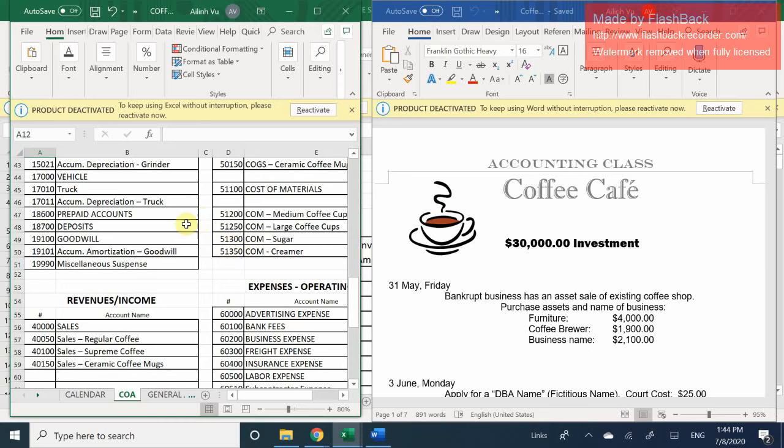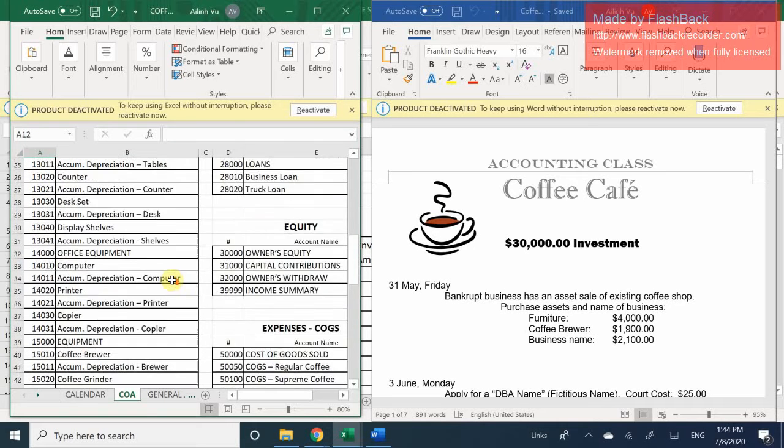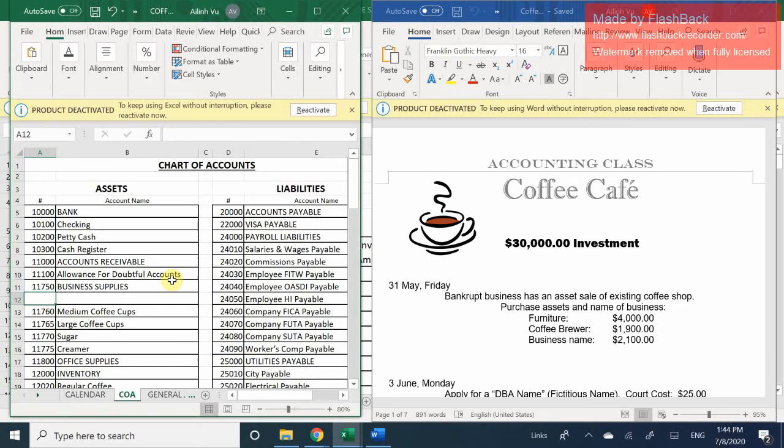This is the number you put in there, because some accountants memorize the account name by its number. In this case, we are using the dual system where we have the name and the account number, so that we have two points of reference.